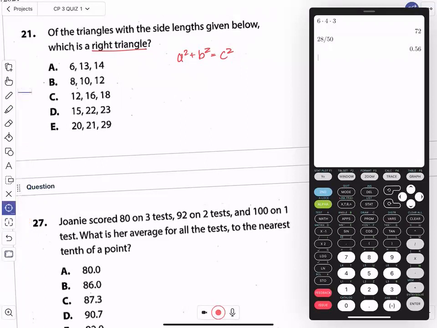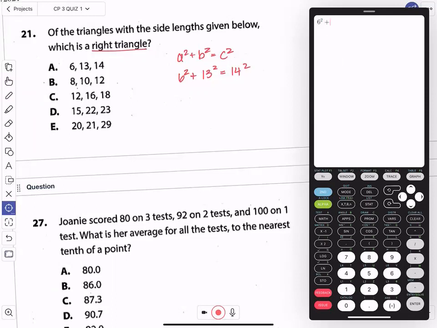So what I like to do is always start with the top and then try one from the bottom. I'm going to take 6 squared and 13 squared because those are the shortest legs. Remember, the hypotenuse is always the longest. So that's why I need to take 6 and 13 first and add them together and then see if it's equal.